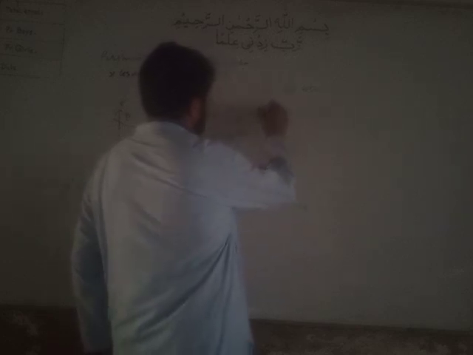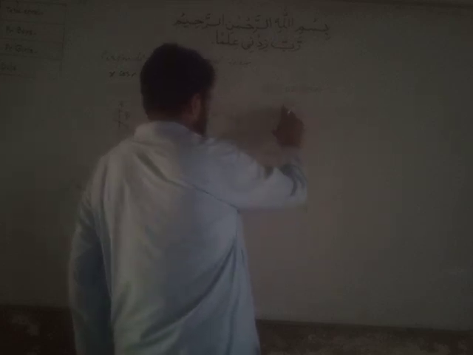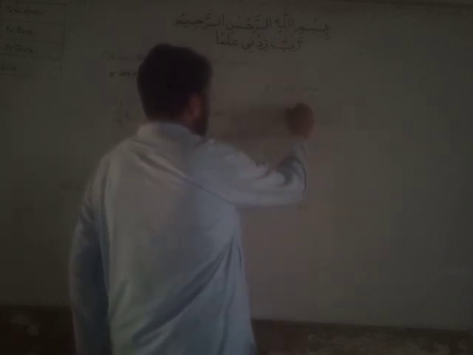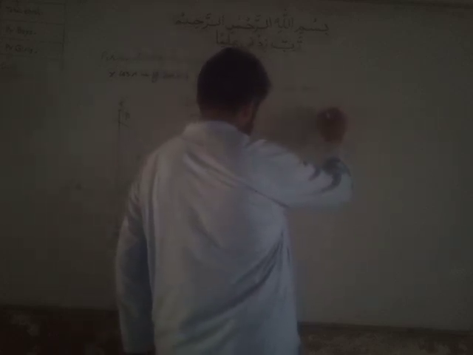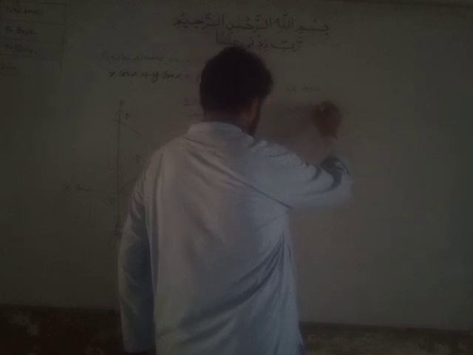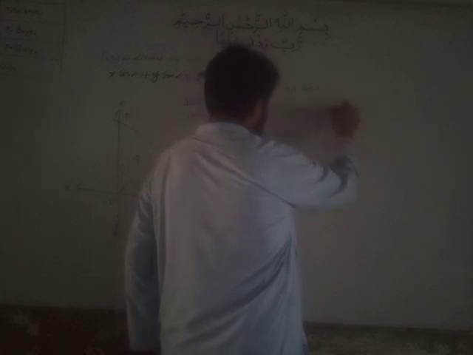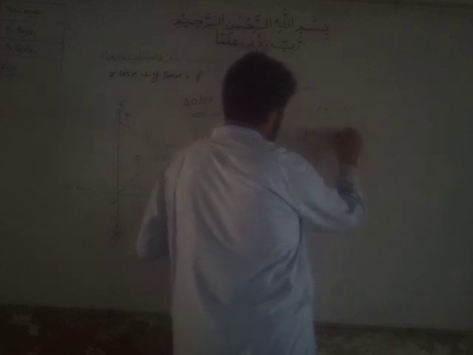So we can say here p is equal to OM plus MA cos alpha. So p is equal to x plus y into tan alpha into cos alpha.